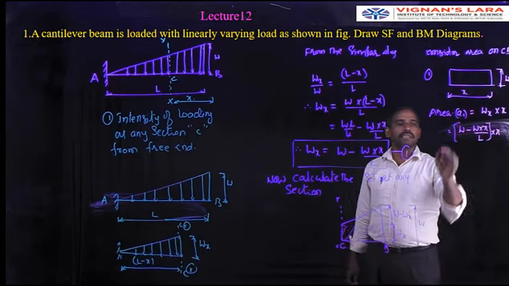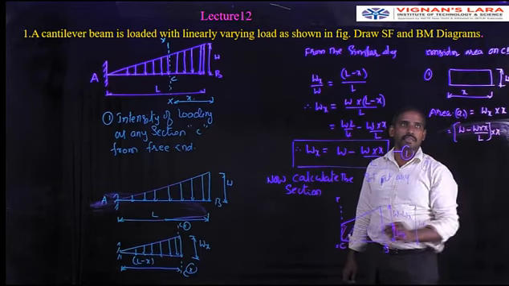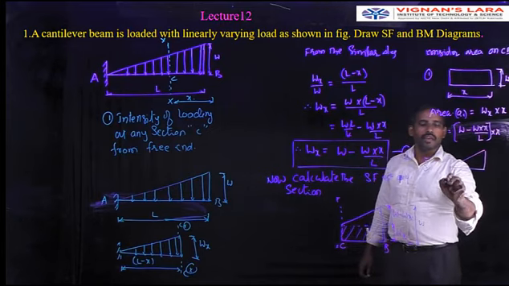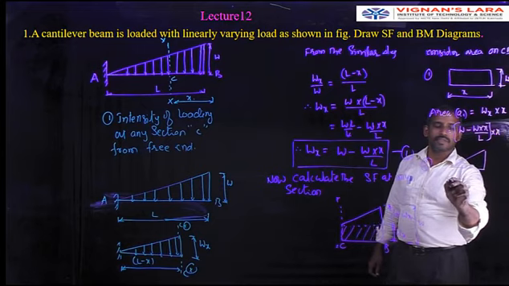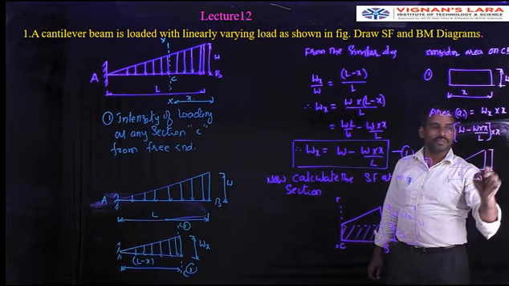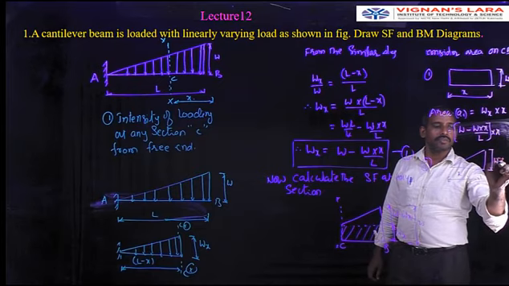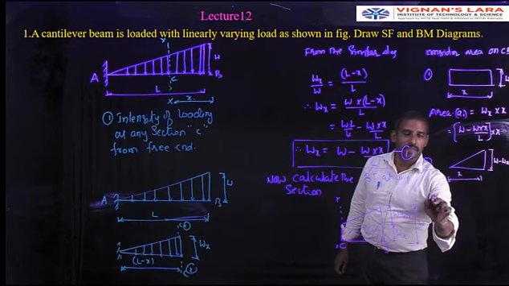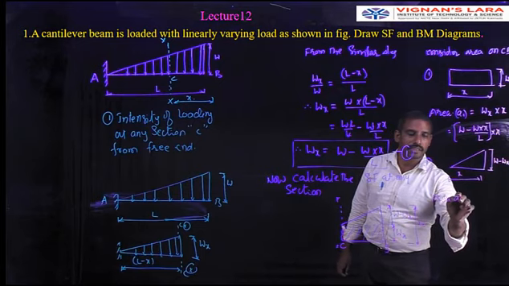Next, let us consider the second part, a triangle of base, as we know, small x, and height of the triangle, as we know, W minus W suffix X. Again, what about the area? Let us assume it is A2.